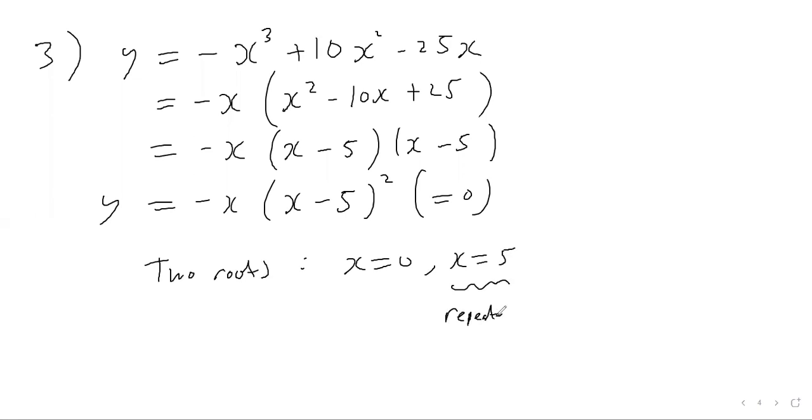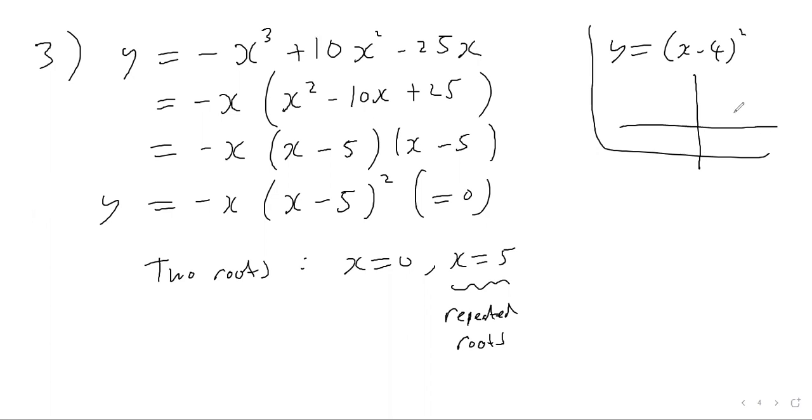You would have seen repeated roots in GCSE, perhaps, when you sketch graphs like, for example, y equals (x minus 4) all squared. When you sketch a quadratic like this, you would get a root here at 4, but the quadratic is only going to touch at 4.